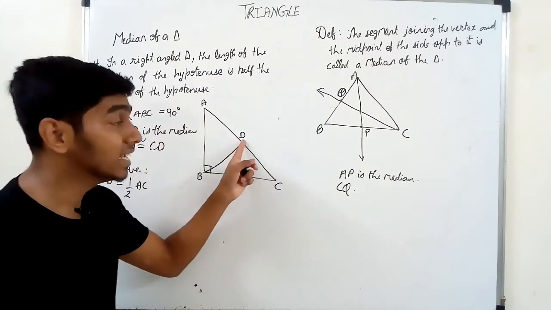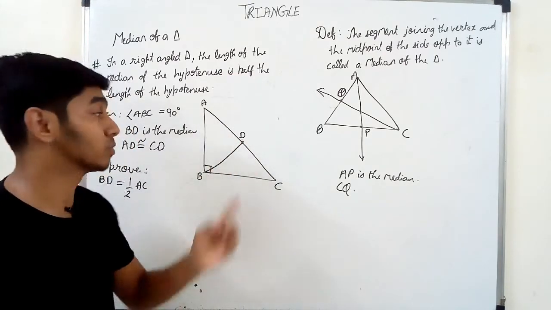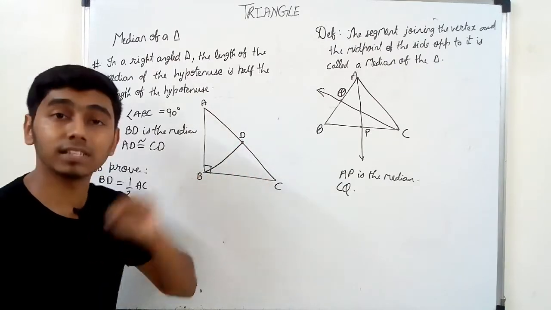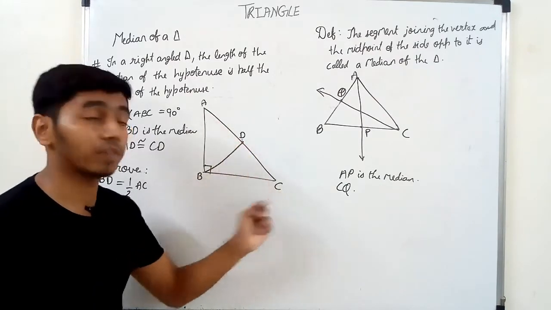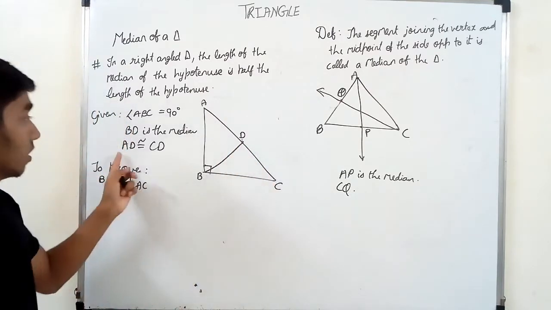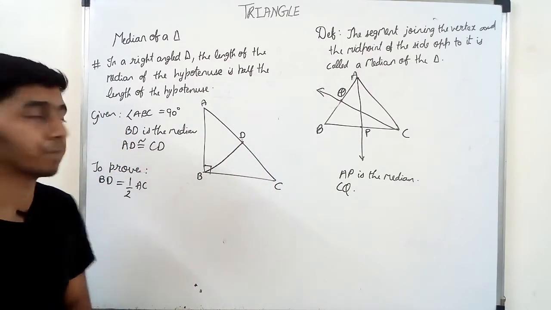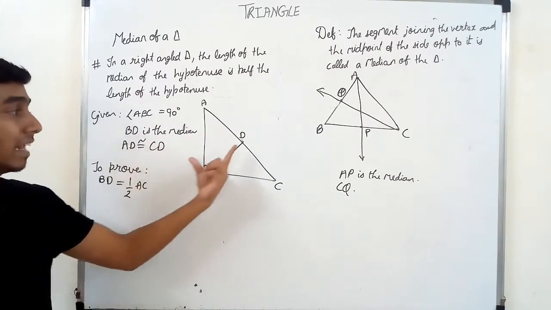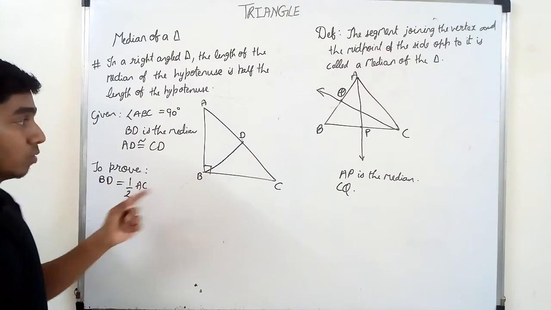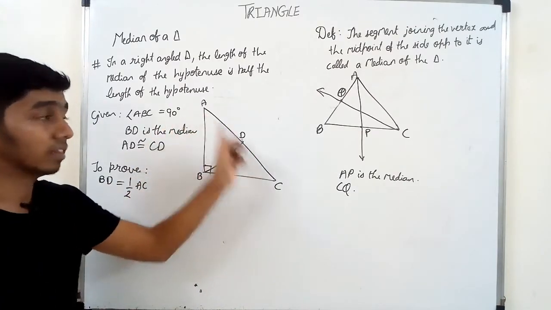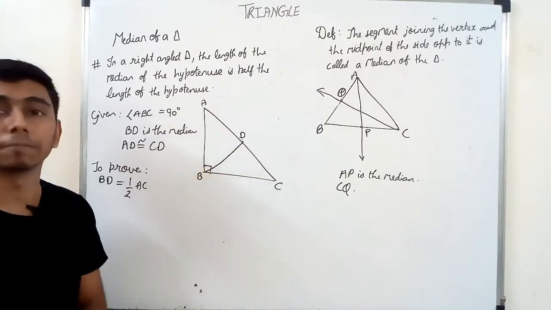Why? Because D is the midpoint of AC. Because median says that you draw from a vertex to the midpoint of the opposite side. So if D is the midpoint, then AD and DC, they both are congruent. Therefore, this is given to us and this is to be proved, that the length of the median, which is BD, is equal to half the hypotenuse, so half of AC.